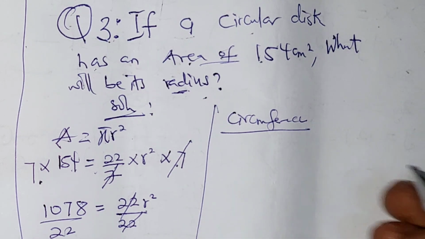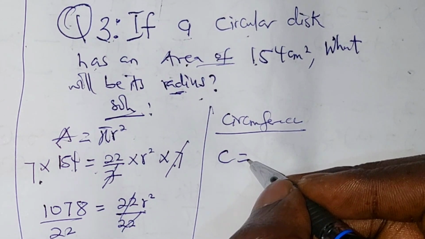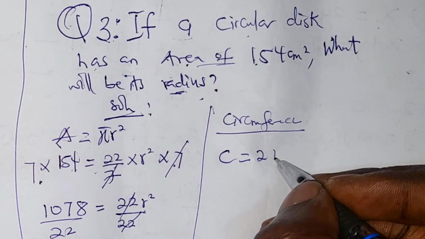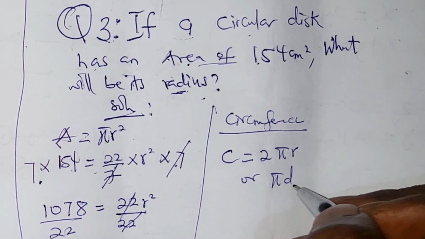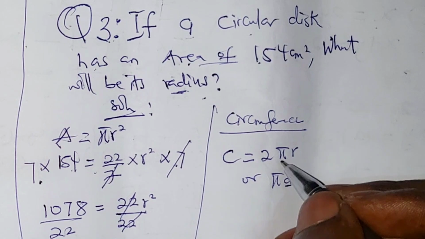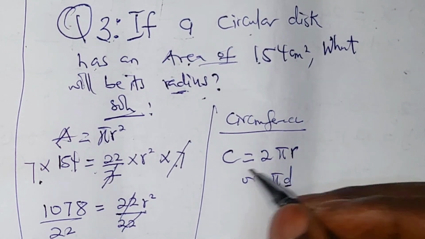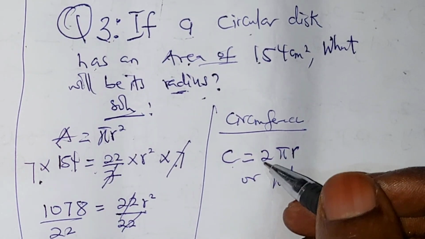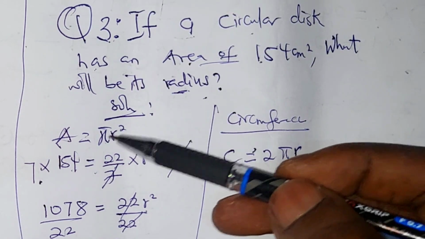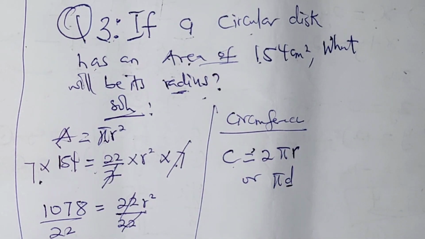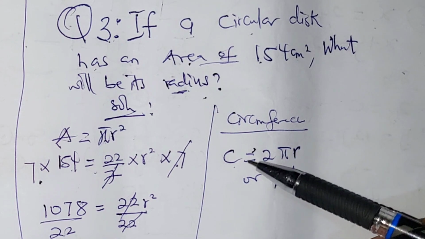What we know is that the circumference is given by either 2 pi r or pi d. So we need either our diameter or our radius to find the circumference. Because of that, we need to use the area formula to find the radius. Then we use the radius to calculate the circumference.